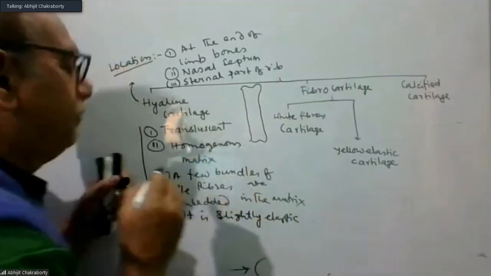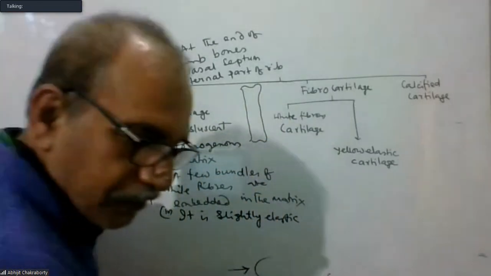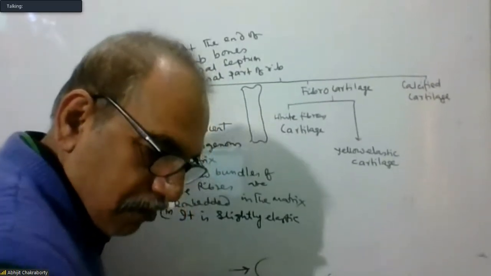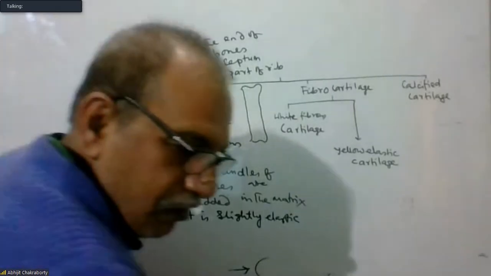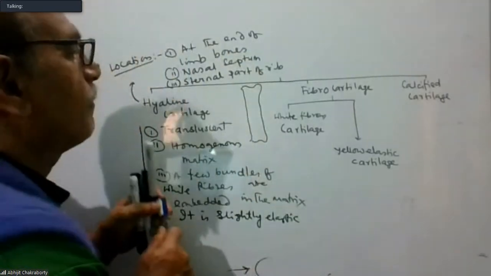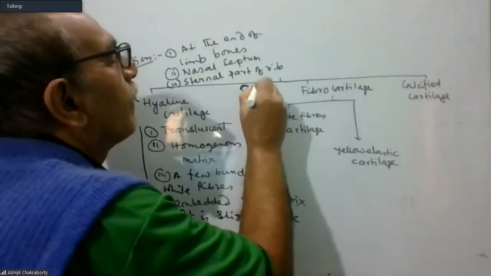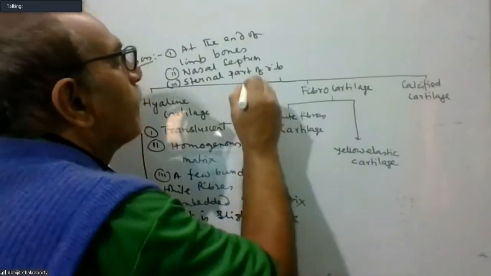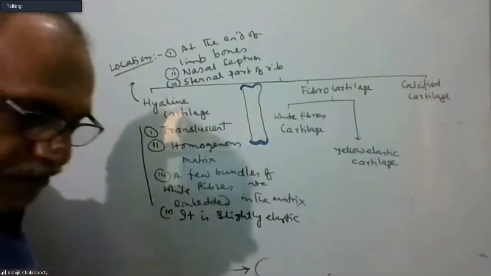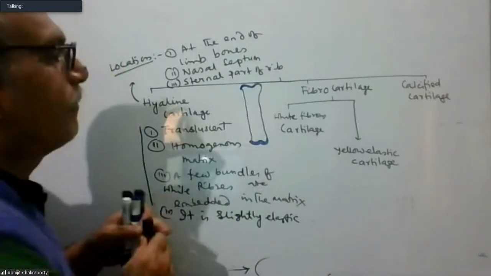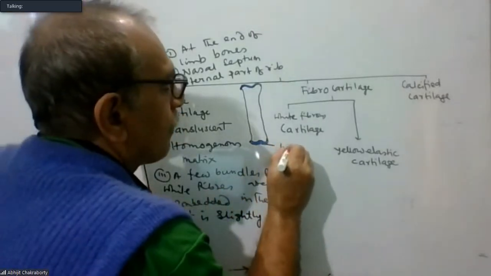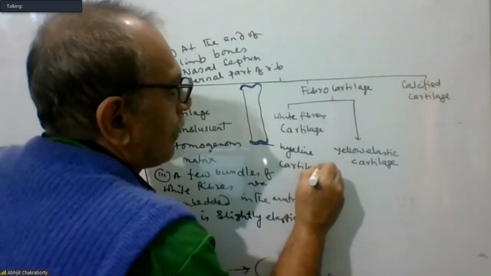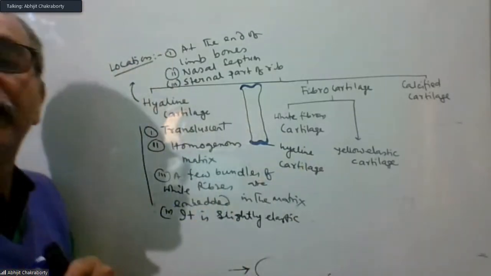This is the limb bone. Hyaline cartilage. Is it clear to you?